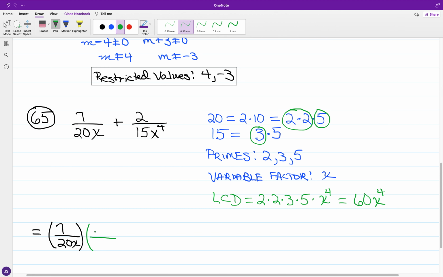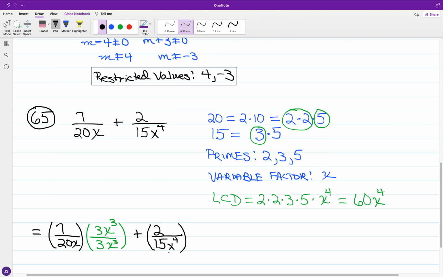Okay, so 20 into 60 is 3. And x into x to the 4th is going to be x cubed.